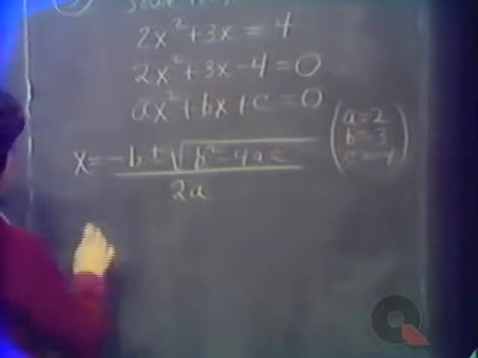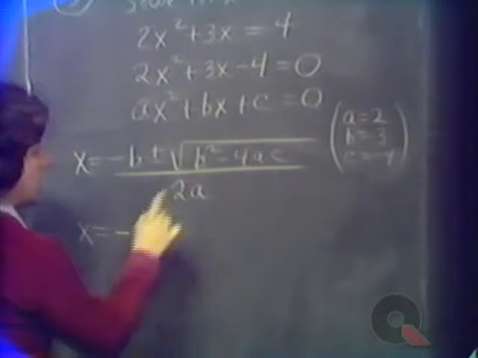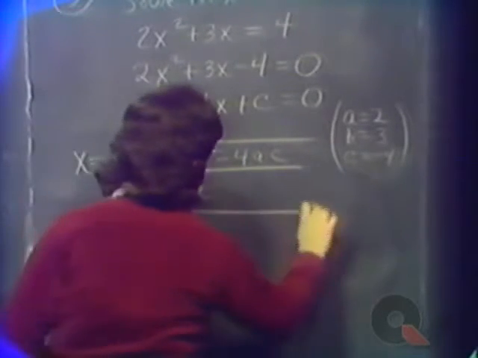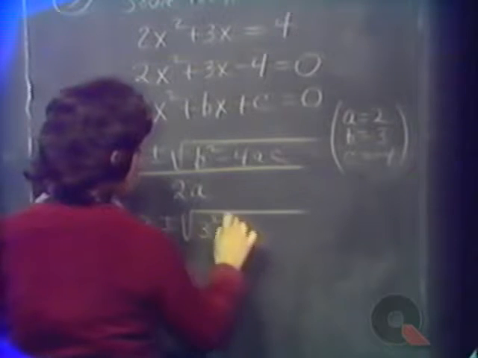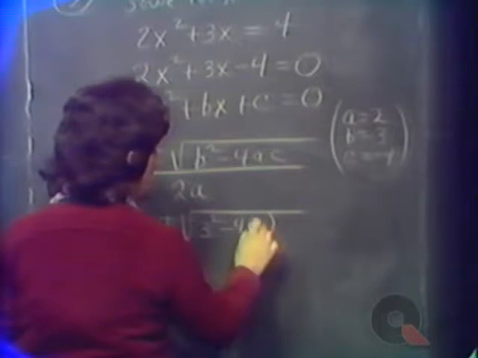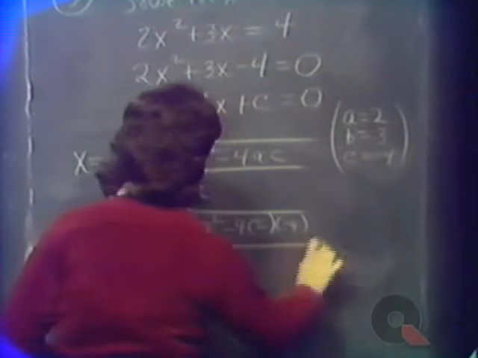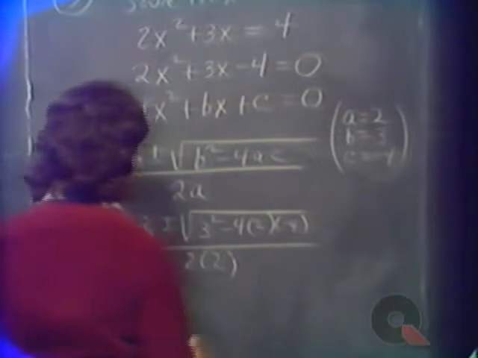So we get that x equals minus b, minus 3, plus or minus the square root of b squared, that's 3 squared, minus 4 times a, which is 2, times c, which is minus 4, all over 2a, 2 times 2.